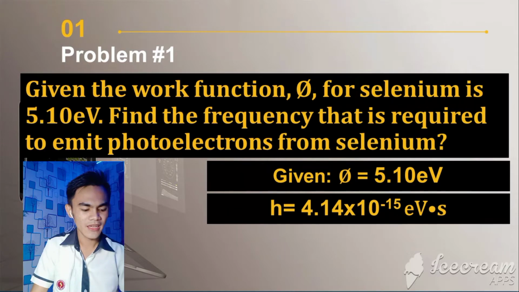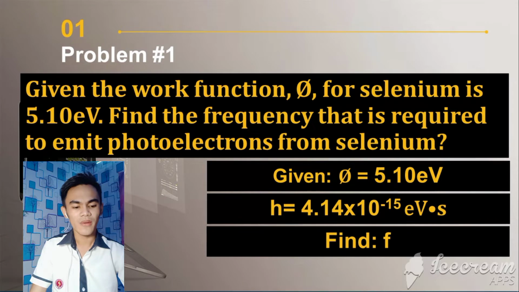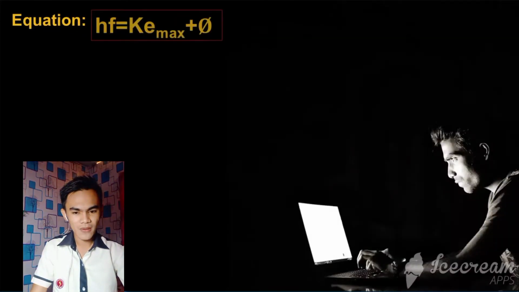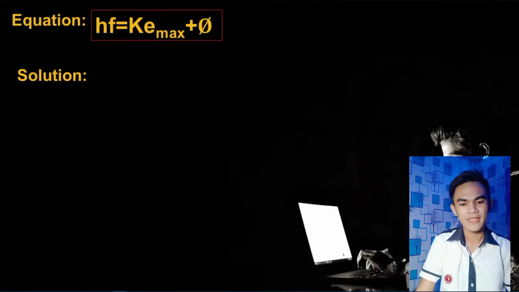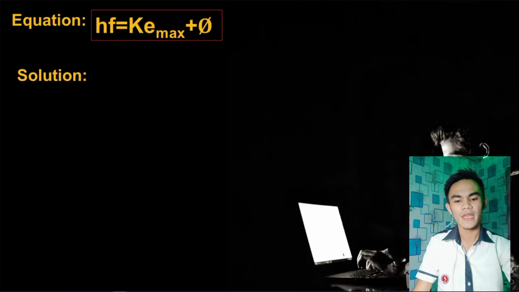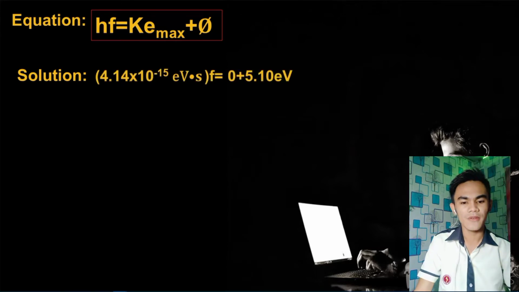This is already converted to electron volts, and our task is to find the frequency, the small letter f. Now let's plug in our equation: hf is equal to the maximum kinetic energy plus the work function.